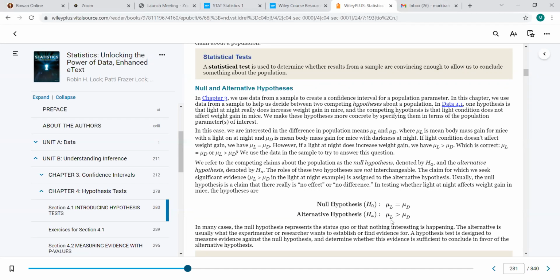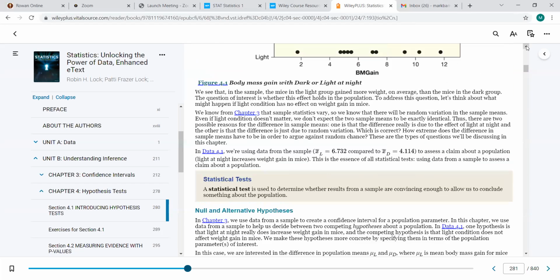That's a bad thing because it's considered a bad result. So the average body mass gain for the group of mice is greater for the light group. So that's the alternative hypothesis. That's what the researchers are thinking, that the light group will have a worse result.